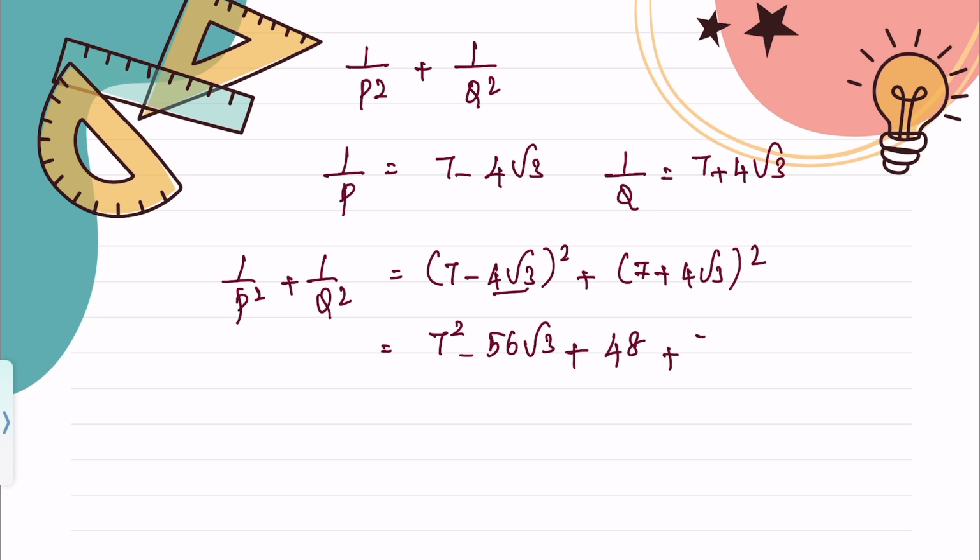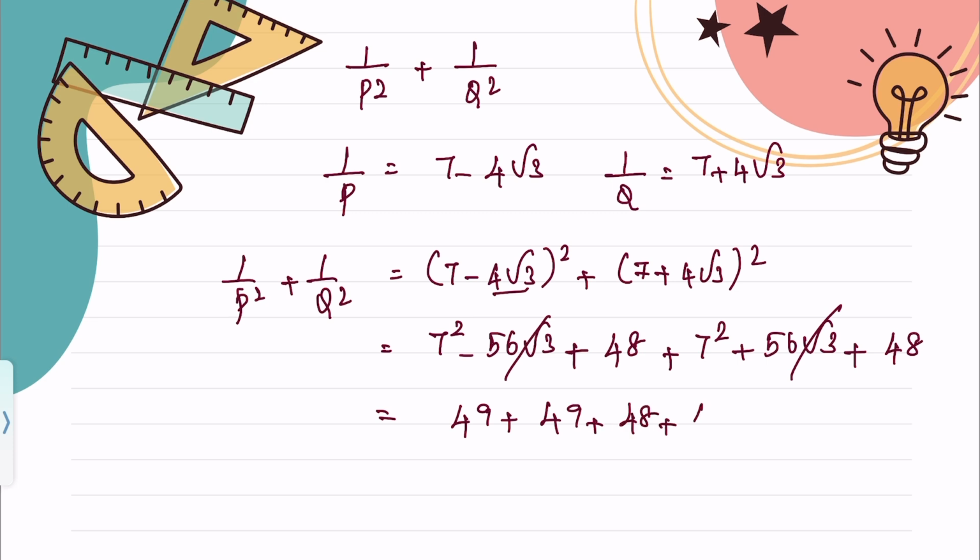Plus 7 square plus 2ab, which will be 56 root 3, plus b square, which is 4 root 3 the whole square, 48. So minus 56 root 3 plus 56 root 3 will go away. So expanded, 49 plus 49 plus 48 plus 48. Add all this together, we'll get our final answer as 194.